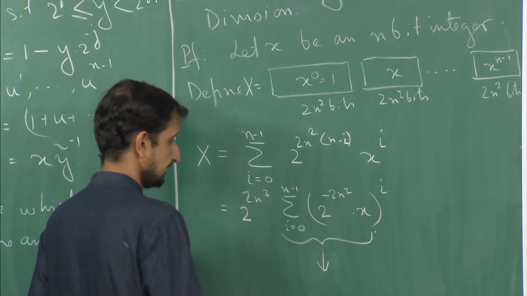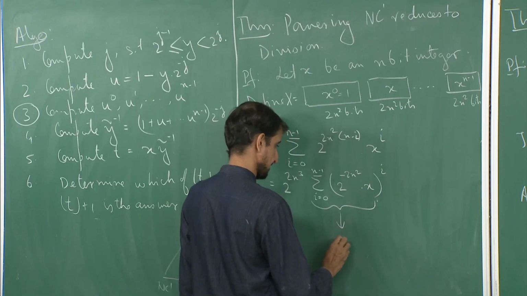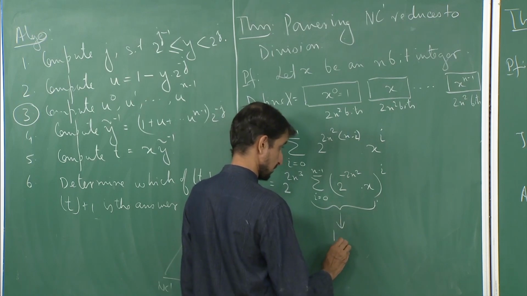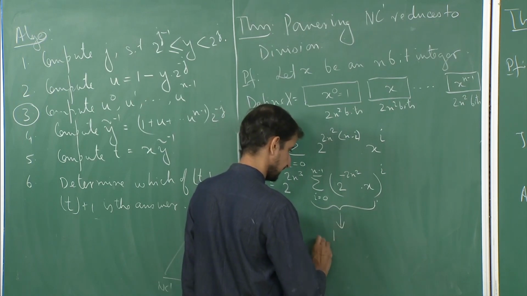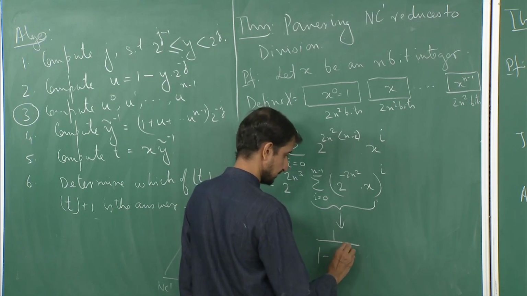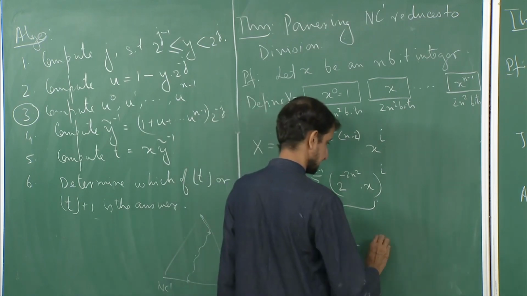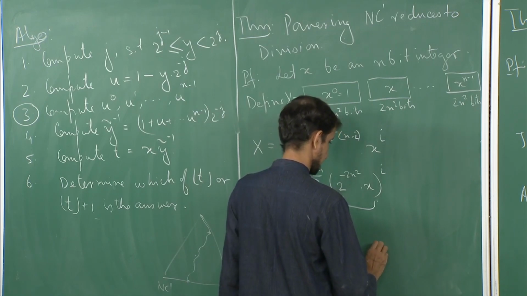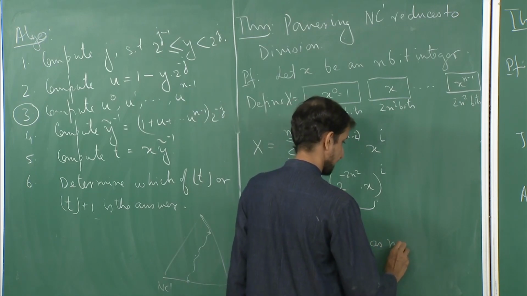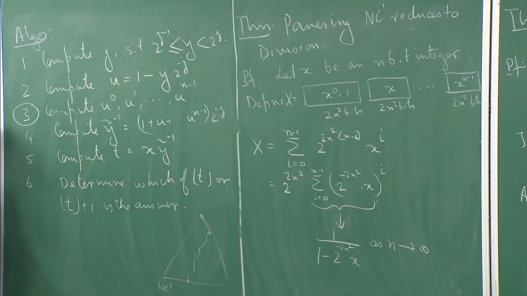This is a geometric series, so it will go to 1 over 1 minus 2 to the power minus 2n square into x, as n tends to infinity.